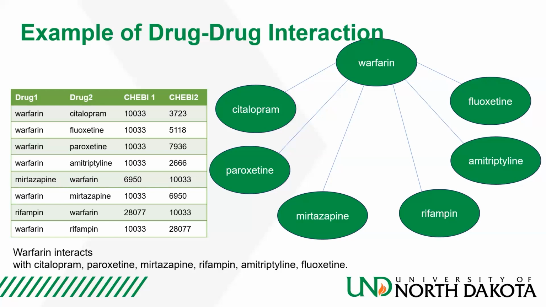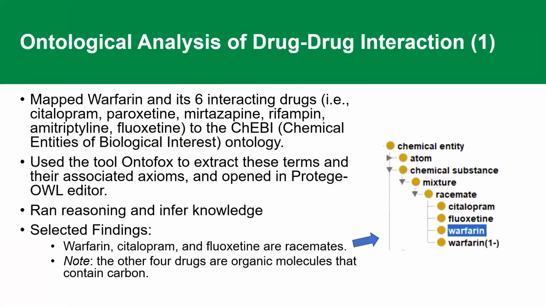And so we decided to do some ontological analysis for these drugs. We mapped warfarin and its 6 interacting drugs to the ChEBI ontology. We used the tool OntoFox to extract those terms and their associated axioms. And we have found that warfarin, cyclosporin, and fluoxetine are siblings.